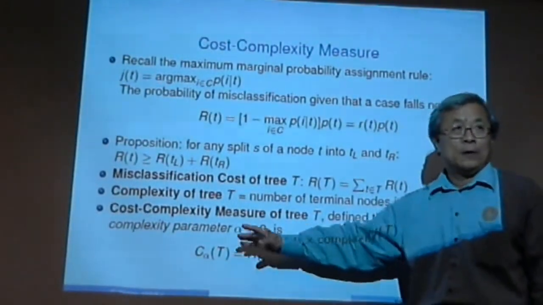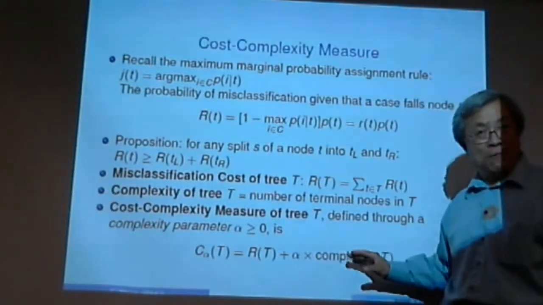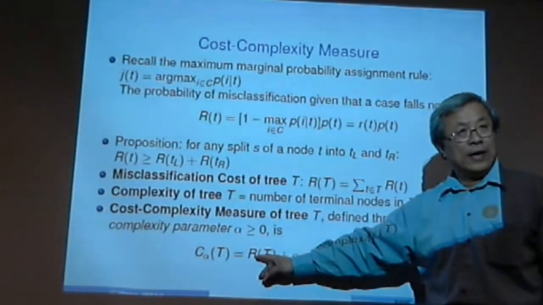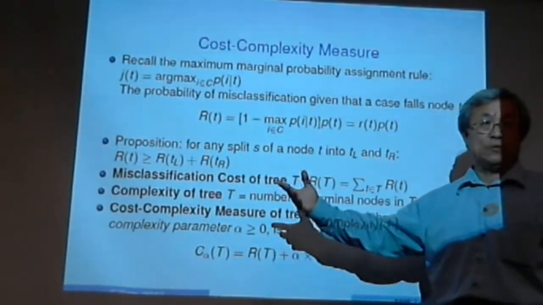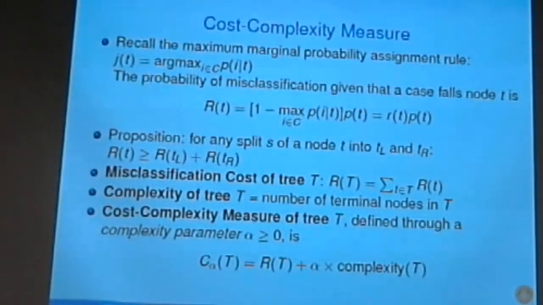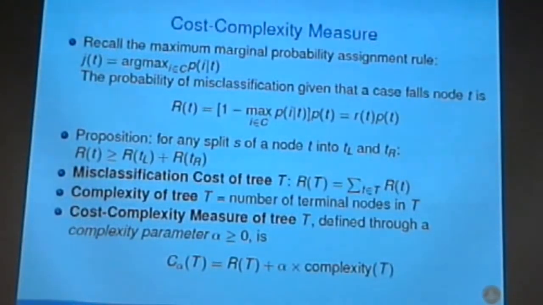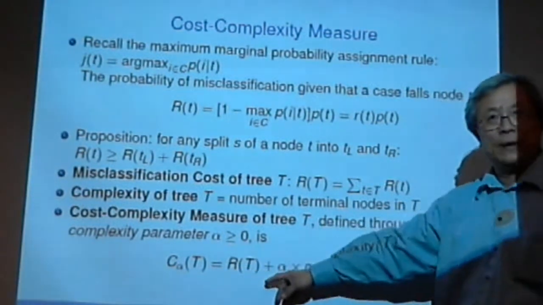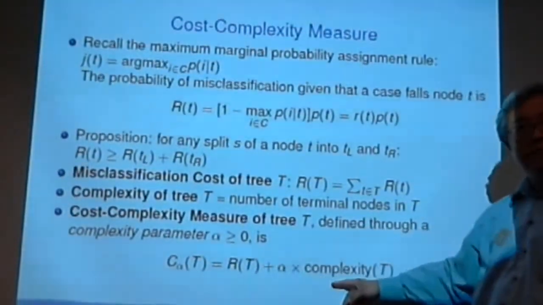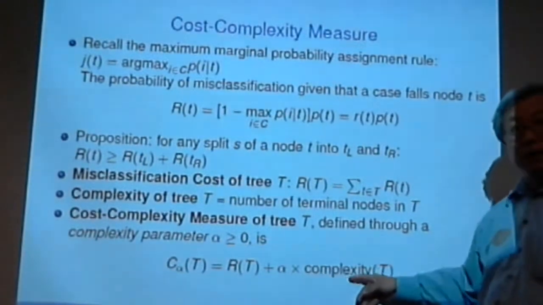If you have two trees with the same complexity, the same number of terminal nodes, and one tree attains a smaller misclassified probability, that tree is better. But what about between two trees? One is a more complicated model with a small misclassified result. One has slightly fewer terminal nodes, but a slightly larger misclassified result. So you try to balance between these two. Here this is the misclassification rate, and here this is penalizing the model complexity.